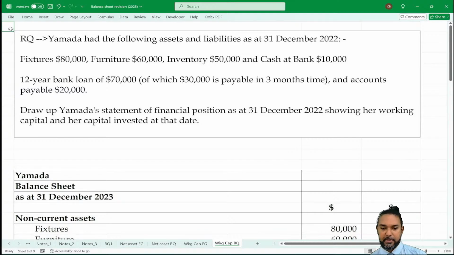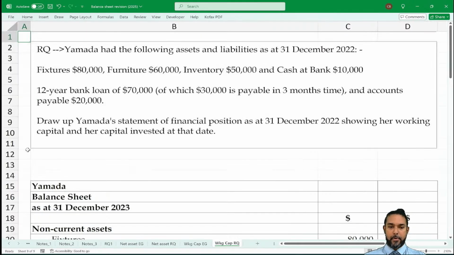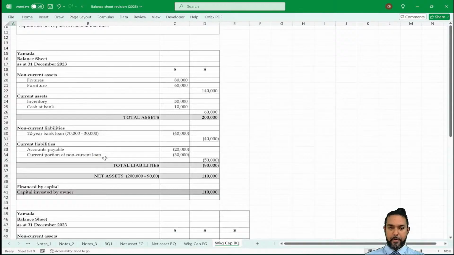Who needs a format for the balance sheet to work in? Are you all working in the books? Yeah. All right.